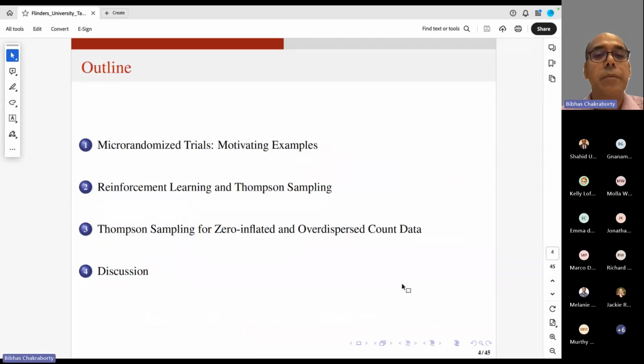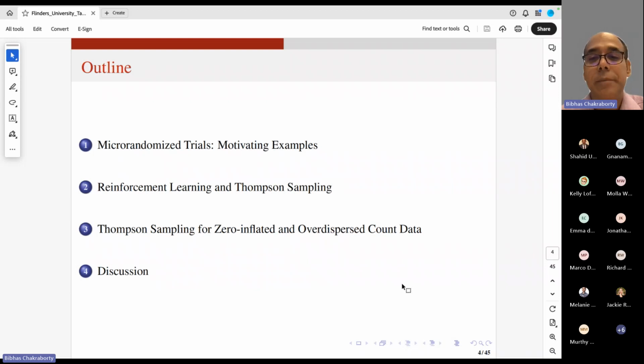With that, the idea is to go into the topic of micro-randomized trials, a new kind of trial design, and I'll give you a couple of examples. Then we'll talk about how reinforcement learning, or more specifically, Thompson sampling type algorithms, can be incorporated into such trials to make them adaptive, more participant-centric, user-centric, so to speak.